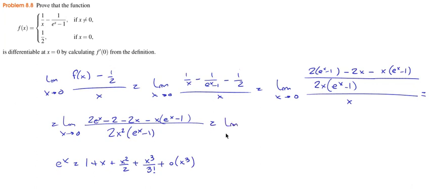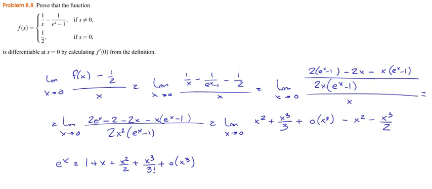Then we have the limit when x goes to 0, and then we have 2 e to the x, so then 2 minus 2 goes away, minus 2x plus 2x goes away, and so we have x squared over 2 plus 2 times this, so this is x squared, and then plus x cubed over 3, because this is 2 times x cubed over 6, plus small o of x cubed, and then you have minus x times e to the x minus 1, which is x, so minus x squared, and then we have minus x cubed over 2, and then everything else is small o of x cubed.